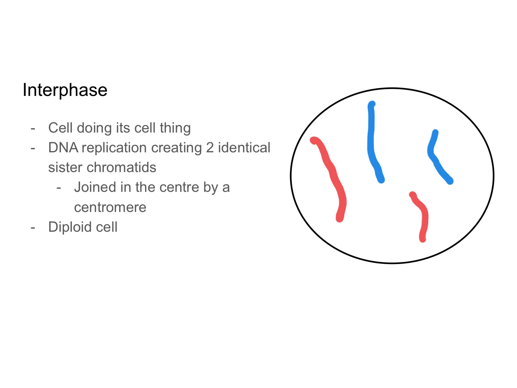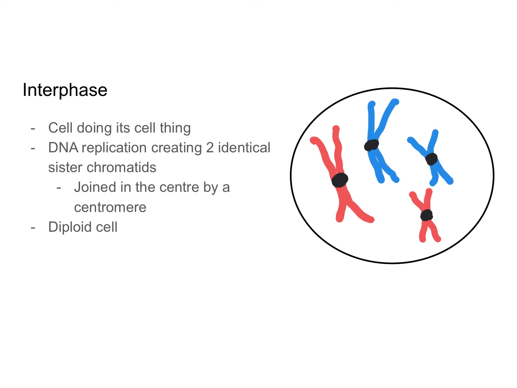When the long-stranded chromosomes, which are actually called chromatids at this stage, become duplicated, the sister chromatids are held together by a centromere in the middle. So now in interphase, our chromosomes are getting duplicated, and you are going to see this button-like structure in the middle that's called a centromere that's holding these two sister chromatids together.